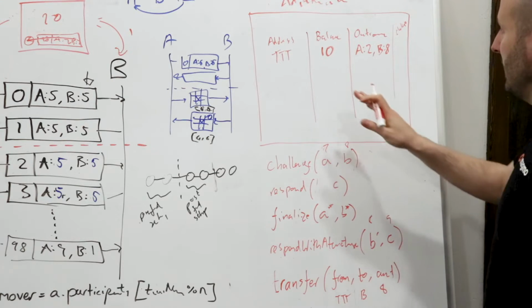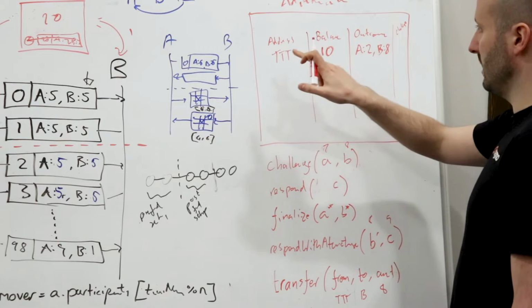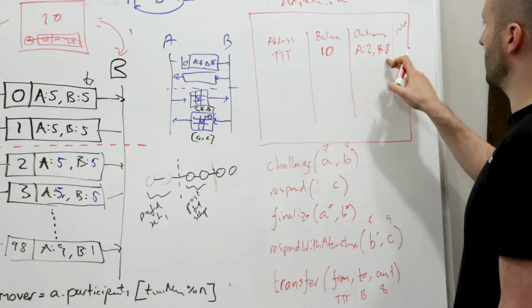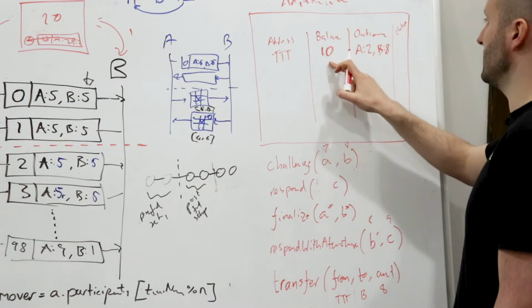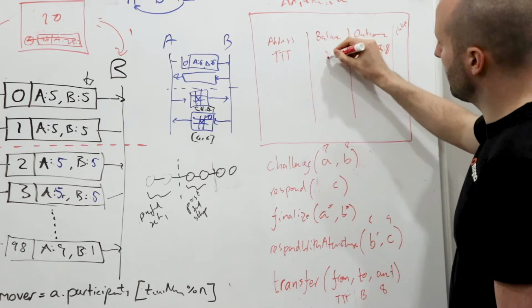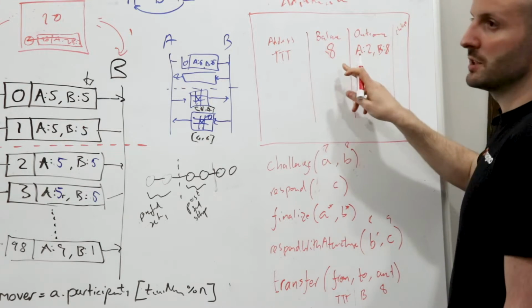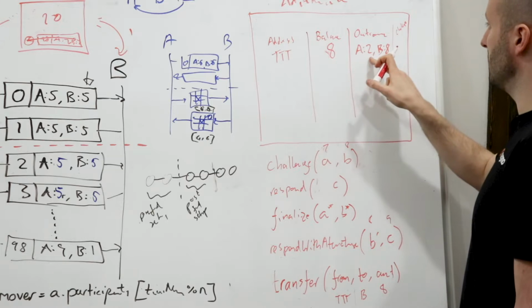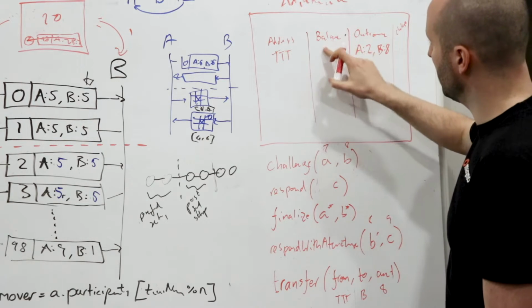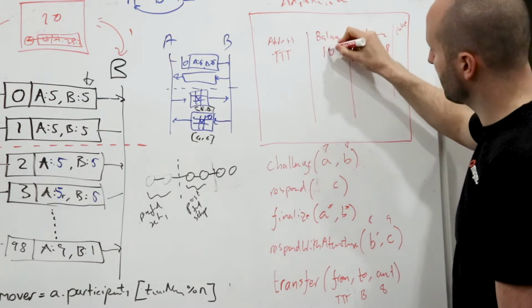The algorithm is: I go to tic-tac-toe. Does it have 8 in it that goes to Bob? If this was only 8, the answer would be no, because the first 2 goes to Alice and the next 6 goes to Bob. But Bob's in luck because there is 10 in it.